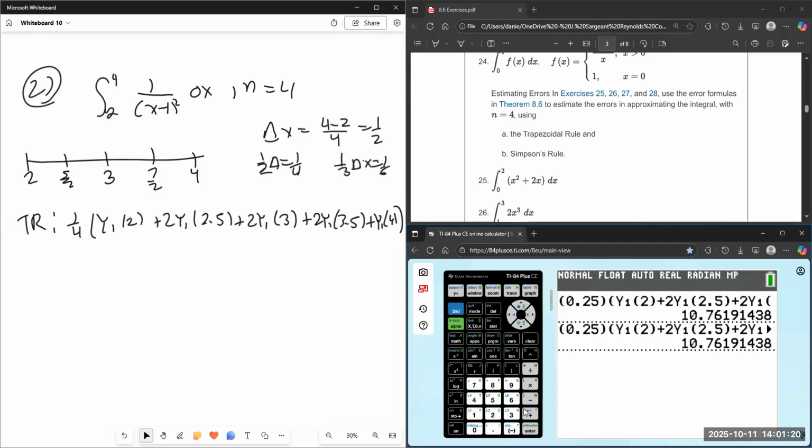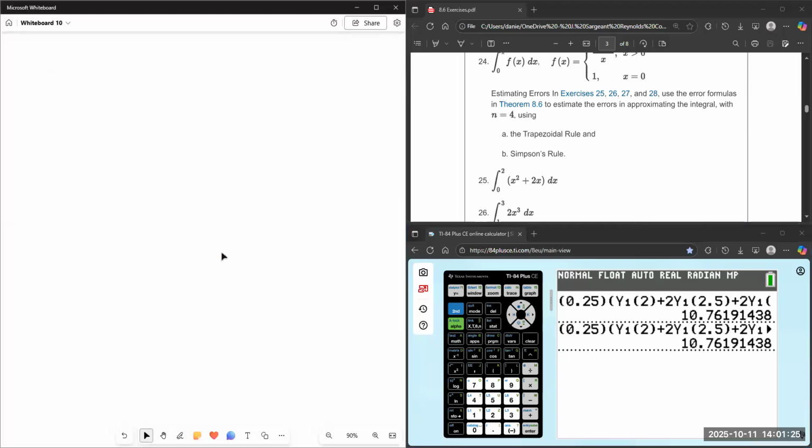27. Oh, I'm finding the errors. Okay, I need to tell you the error formulas. We're not doing the regular rule here. So the error formula for trapezoidal rule error: the second derivative needs to be continuous and defined, right?